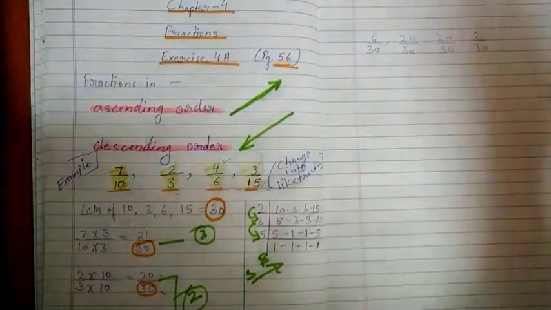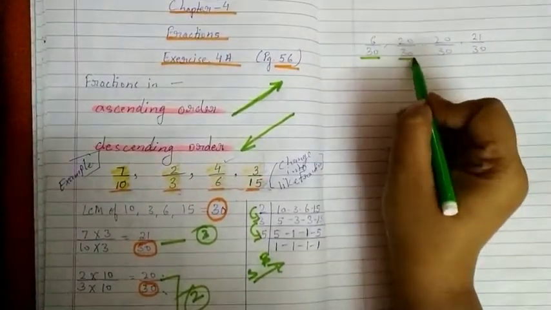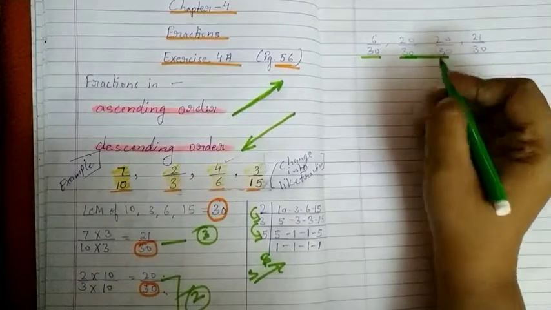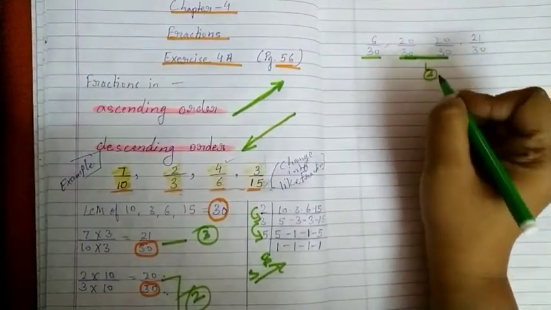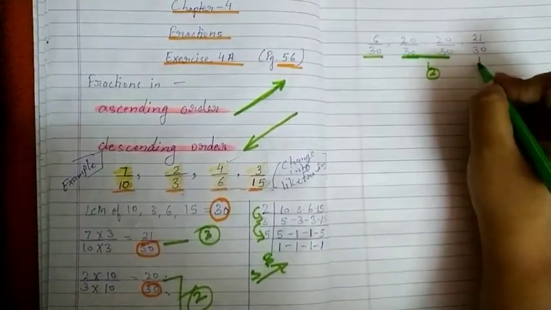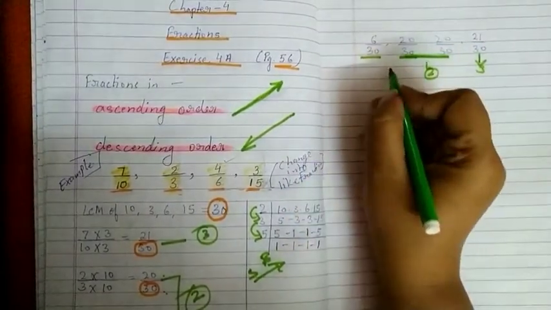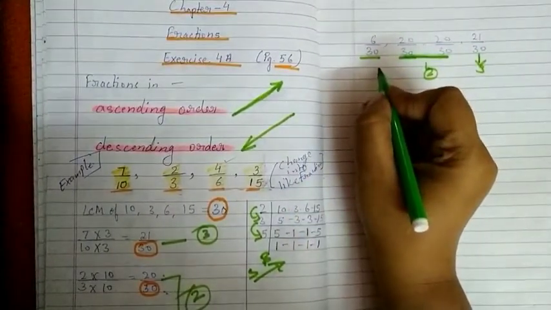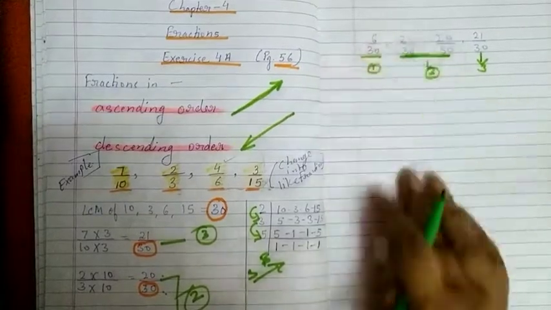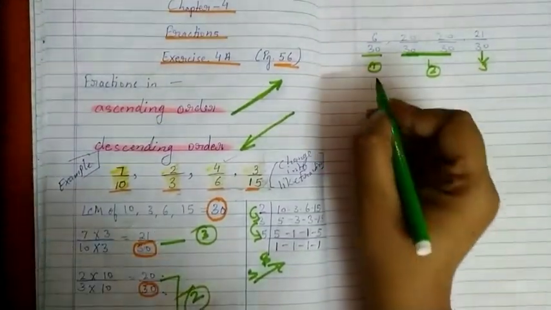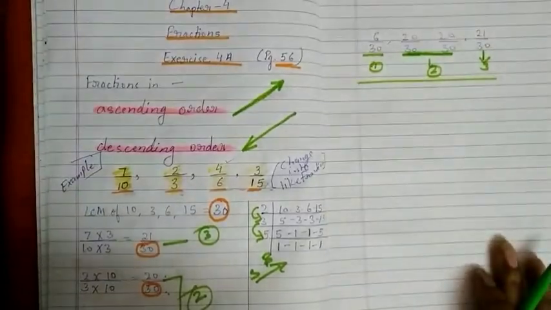Is it clear? 6 upon 30 is first, both 20 upon 30 are second, and 21 upon 30 is third. So this is how we compare numbers.